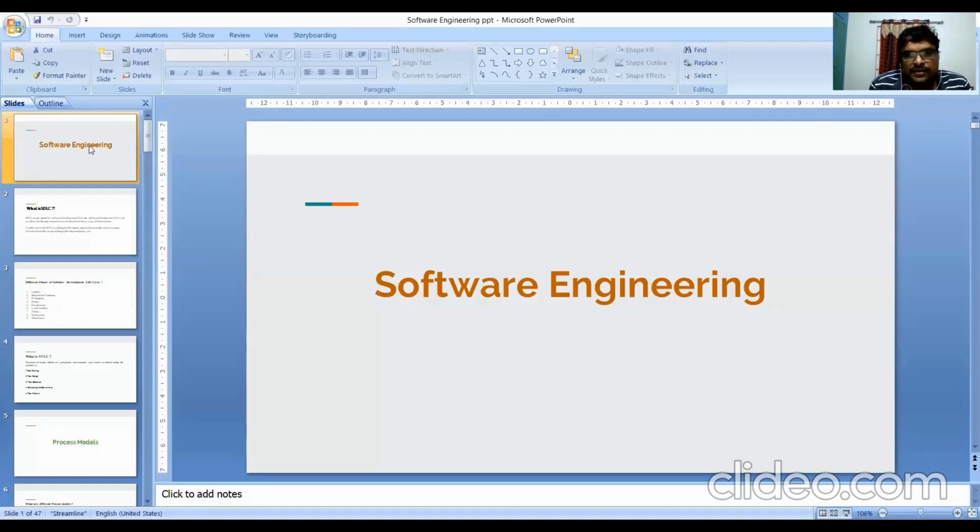As per the IEEE definition, software engineering is nothing but a systematic approach for developing software. So it means that we need to follow some systematic approach for developing your software.